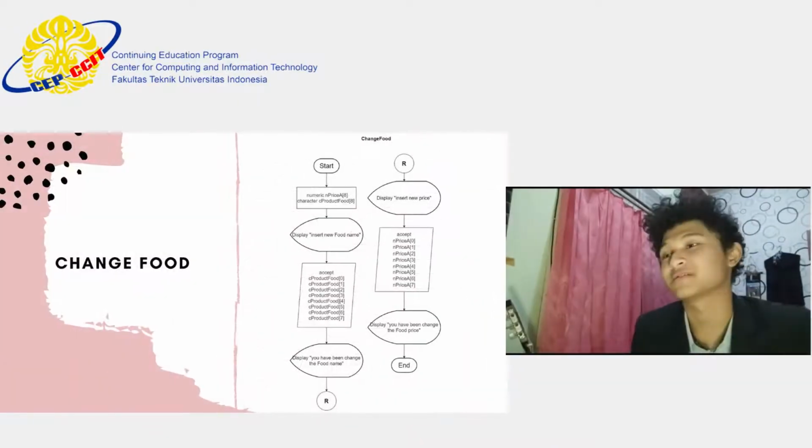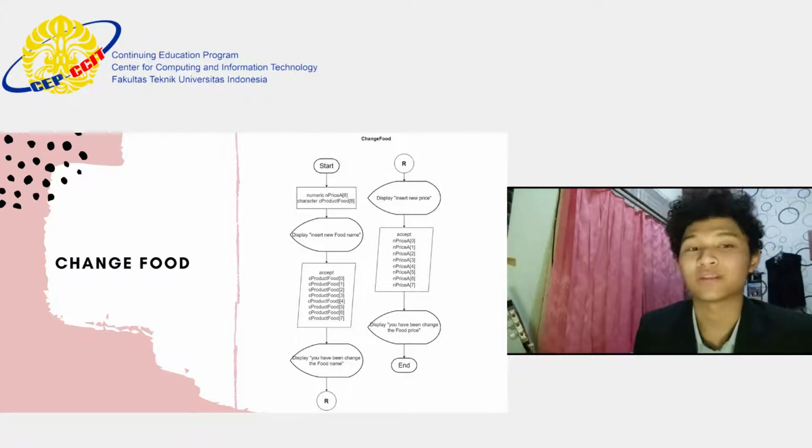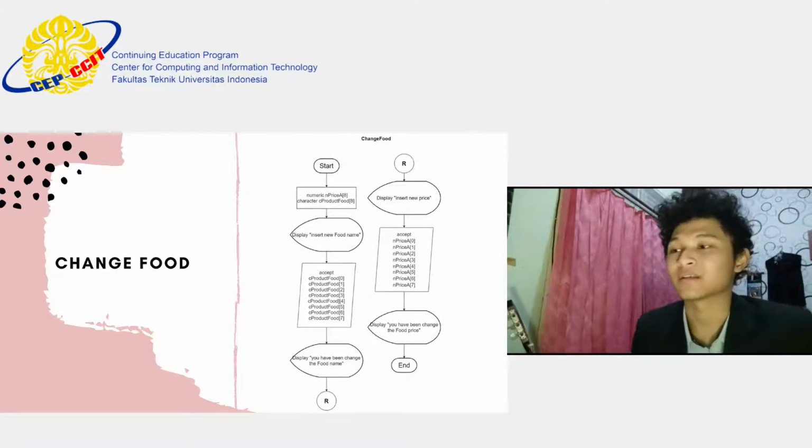The next one is the change food procedure. We have this start initiator, and we declare numeric n price A with 8 array and character C product food with 8 array too, and we will display insert new food name, and this is the input symbol.